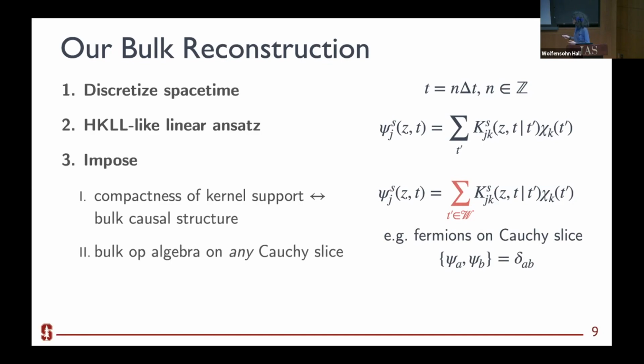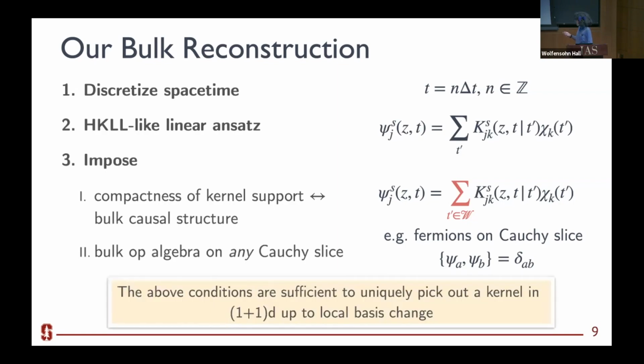So in particular, if we have fermionic boundary operators, we also want to have fermionic bulk operators. And so we want them to be anti-commuting on a Cauchy slice because they are space-like separated. And it turns out that these two conditions are sufficient to uniquely pick out a kernel in 1+1D up to a local basis change.